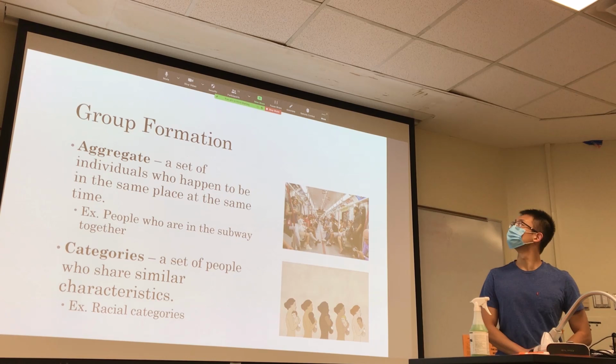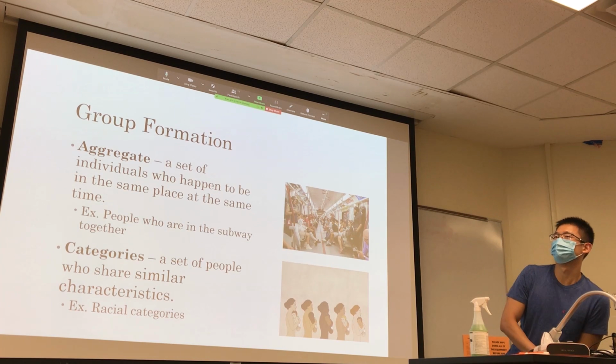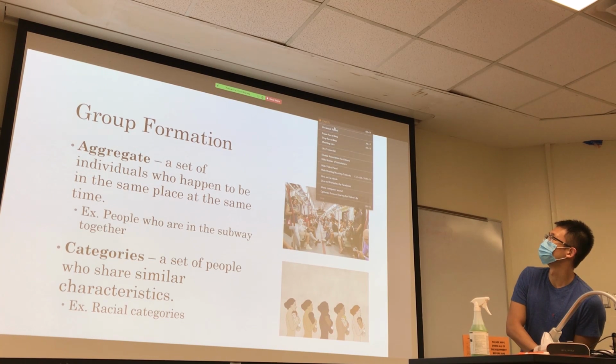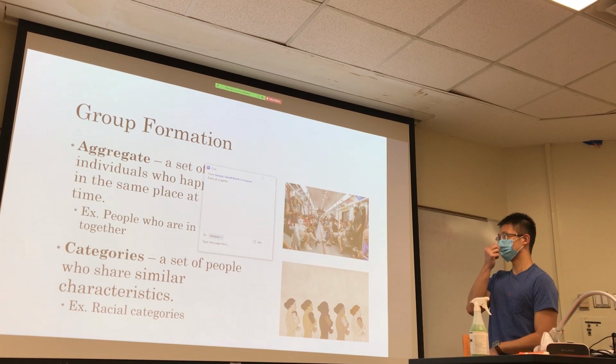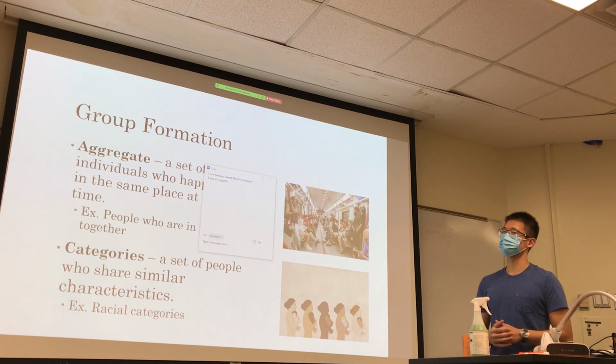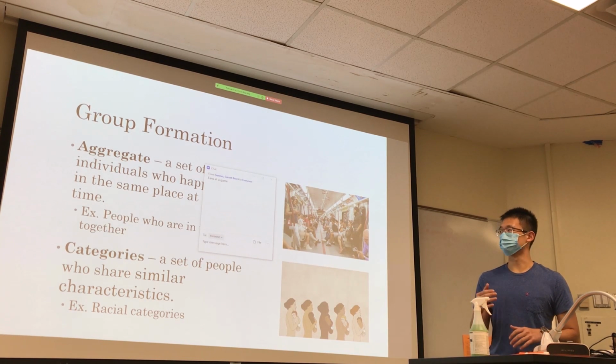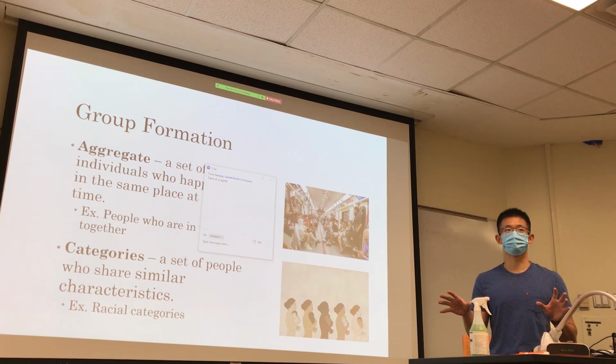Aggregate could be like people in a movie theater. Very good. Fans at a game. Would that be aggregate or categories? I think both. Both? Okay. It really depends, because with fans at the game, it depends on whether you are for the same team or different teams.